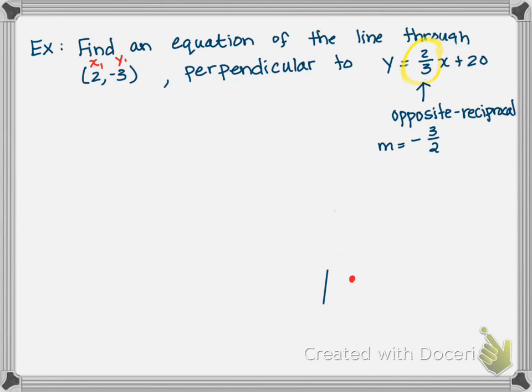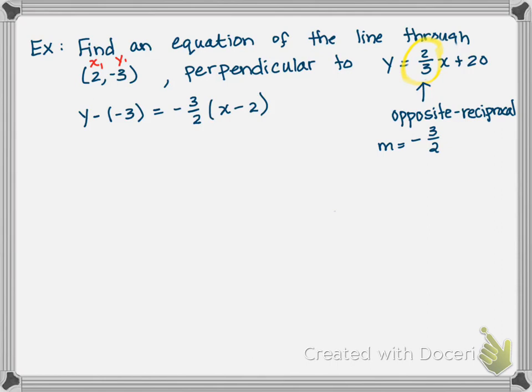So now that we have our slope, we have our m and we have our x1, y1. Then we can just put that in our point slope form. So we have y minus our y value equals our slope times x minus our x value. And then again, we'll put this in slope-intercept form by solving for y.